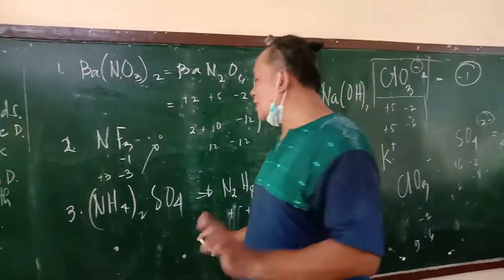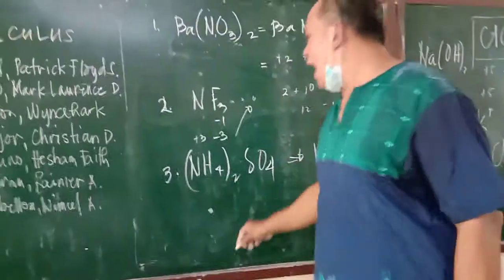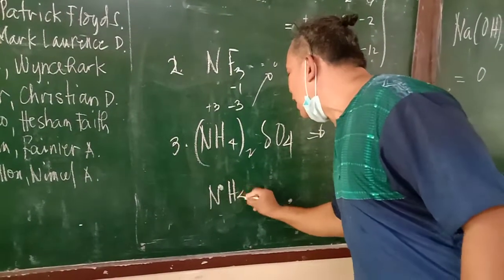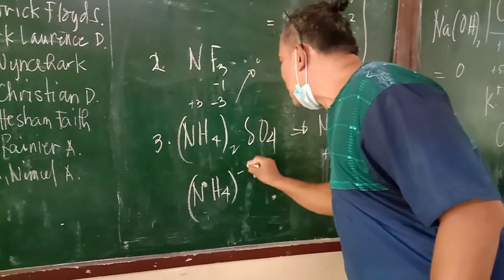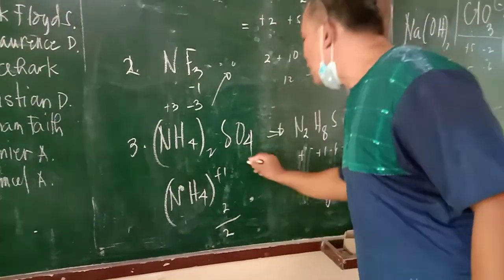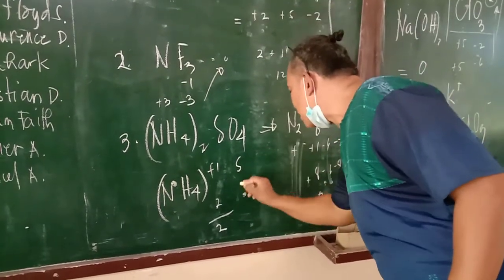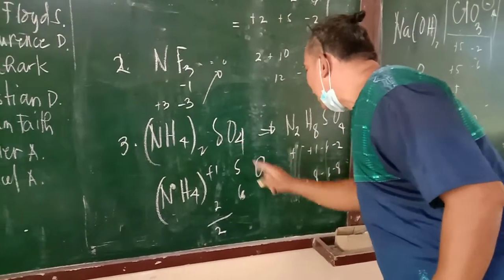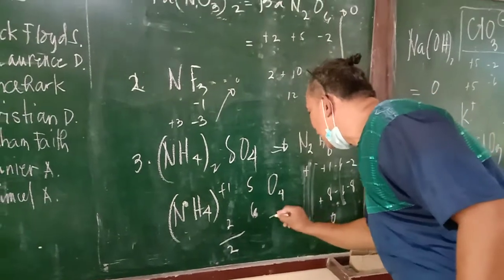Okay, now, based on this one, ang nitrogen, this one, NH4 has positive 1. Times 2 is 2. The sulfur is 6. The oxygen is 4, so this is negative 2.